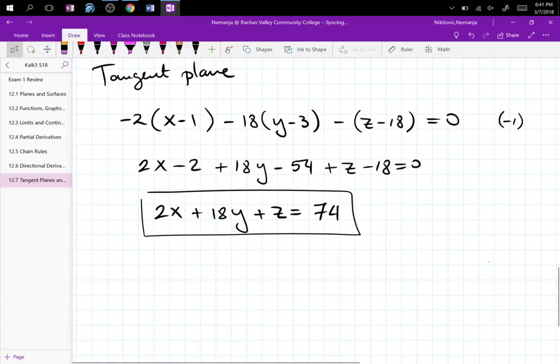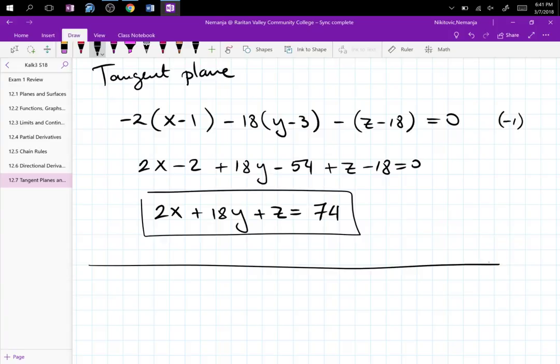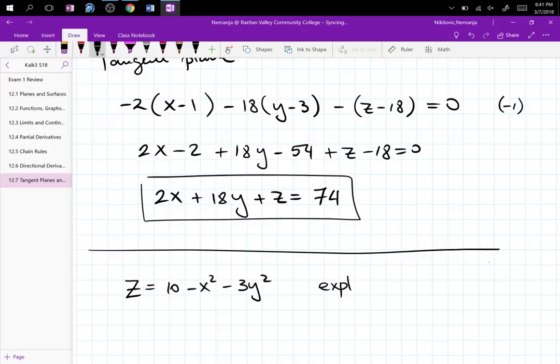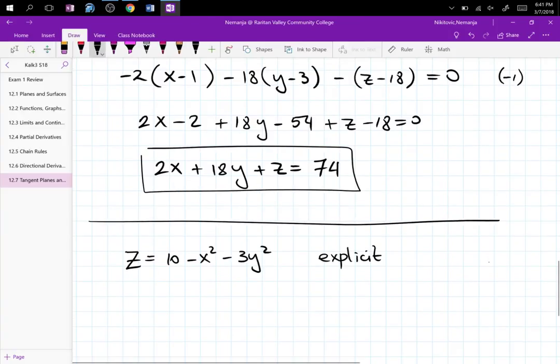Now, notation-wise, when you are looking in the book, there is this notion of implicit and explicit function. If I write z equals 10 minus x squared minus 3y squared, this is known as explicit, because I was able to say z equals everything else, like y equals x squared or y equals sine x.